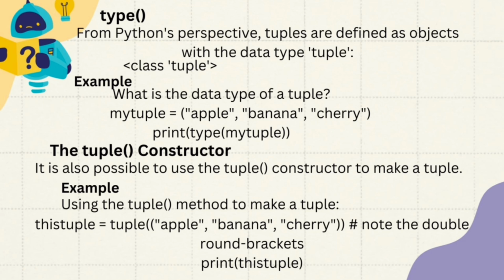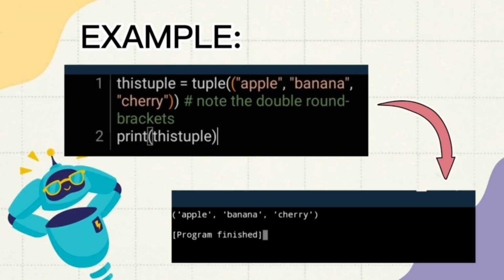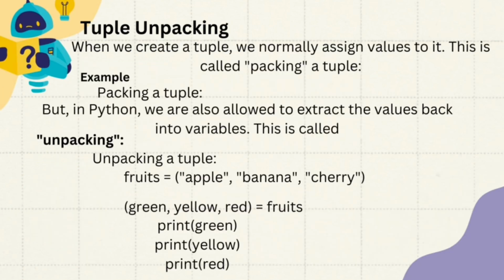The tuple constructor. It is also possible to use the tuple constructor to make a tuple. Tuple unpacking. When we create a tuple, we normally assign values to it. This is called packing a tuple.